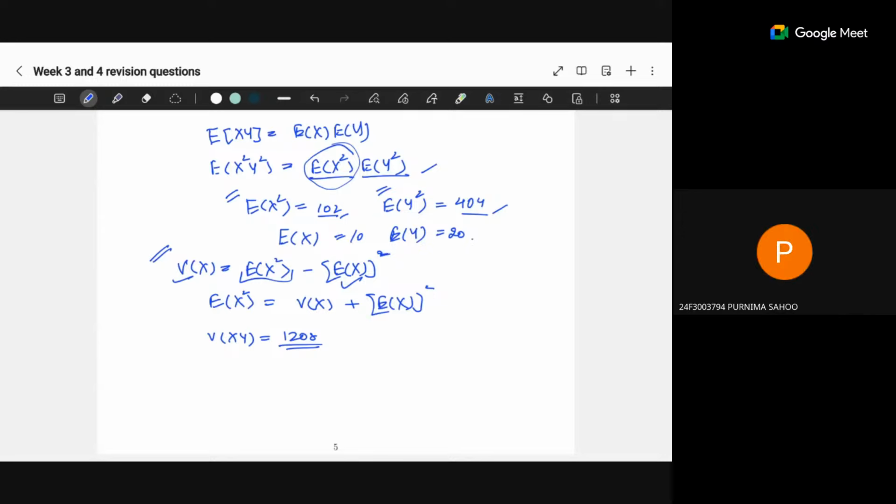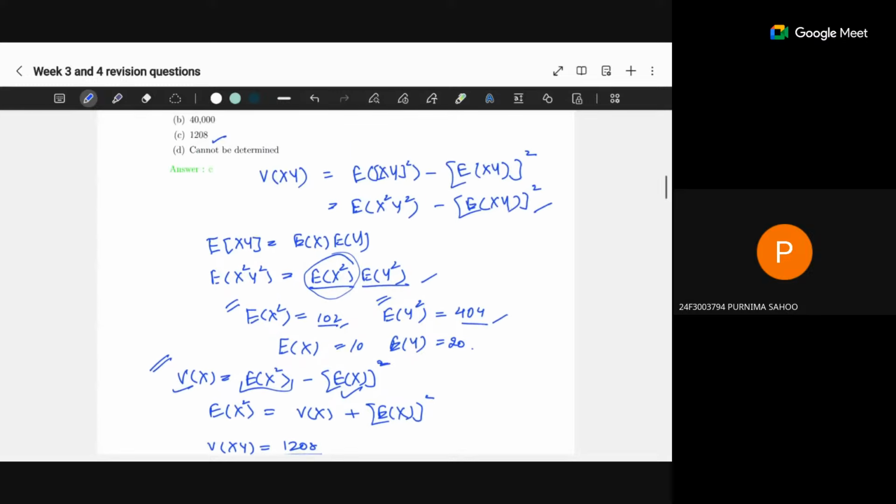Are you guys still solving it? Ma'am, could you please explain again? I did not understand the variance of xy from the beginning. It is expectation of x square y square minus expectation of xy whole square.